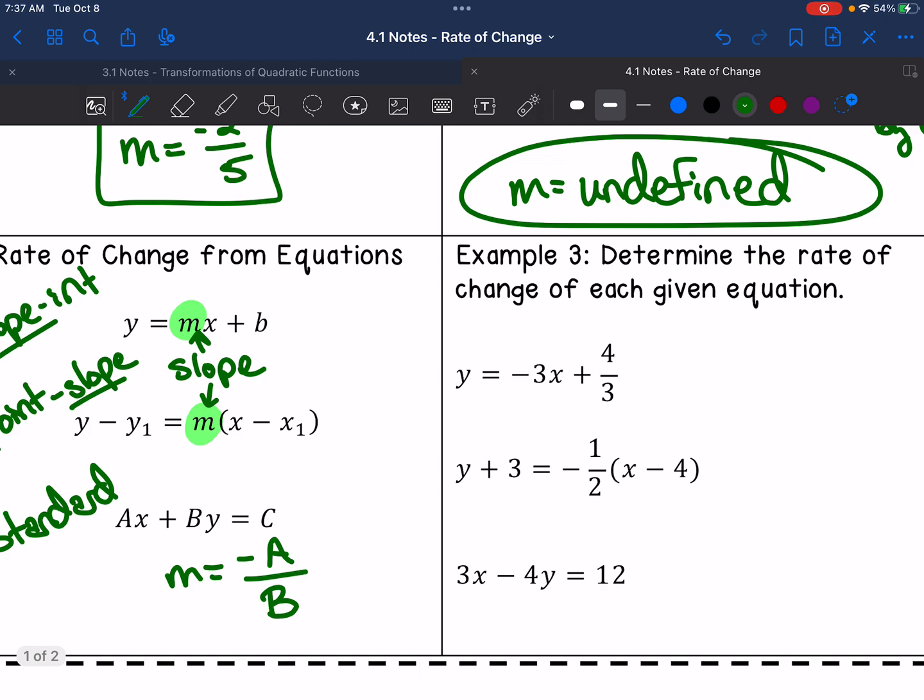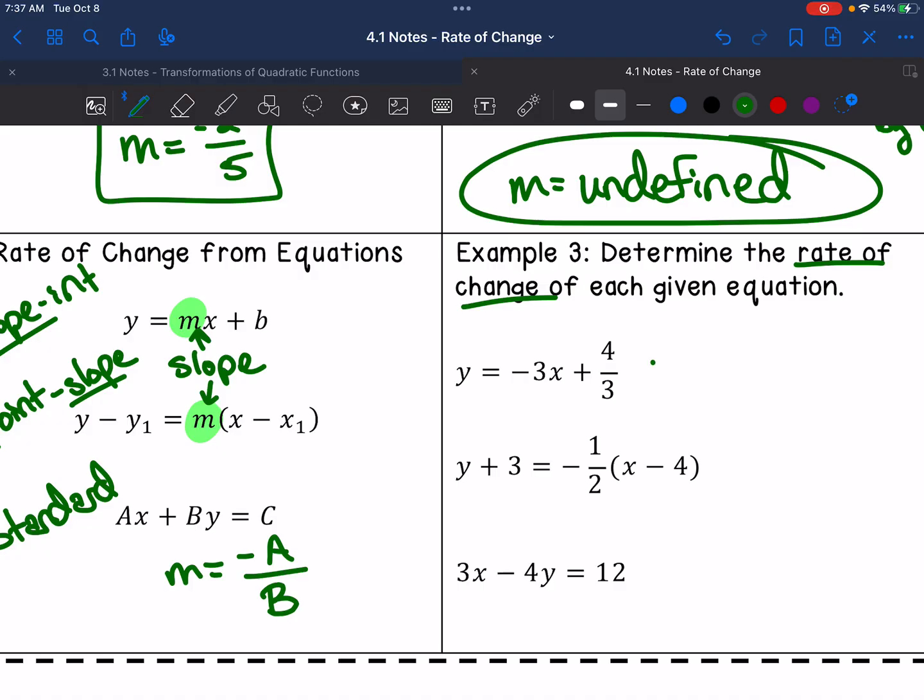So on this last example, we're going to look at the rate of change, which just means slope, of each given equation. For my first equation, this is slope-intercept form. So that is y equals mx plus b. Remember, m is your slope, so we're looking in front of that x, which was -3.